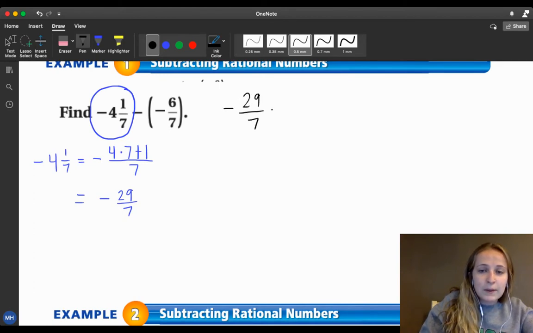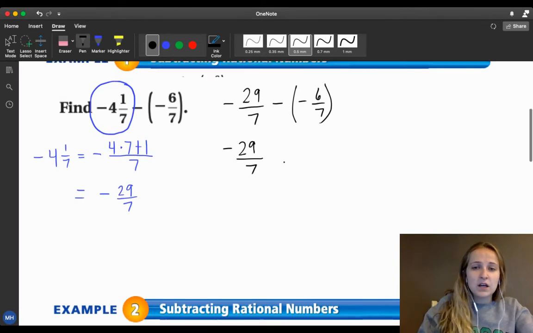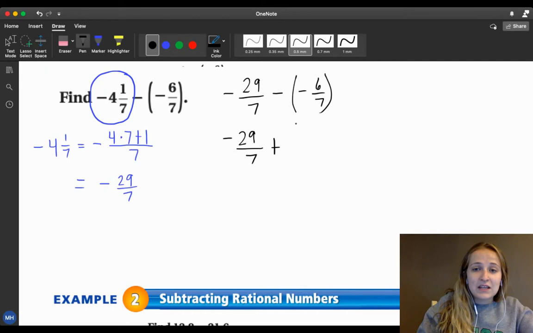29/7 minus negative 6/7. So now we need to use our subtracting integers rule. Again, that rule is to subtract integers, you're going to add its opposite. So we are going to add the opposite of negative 6/7. The opposite of negative 6/7 is going to be a positive 6/7.